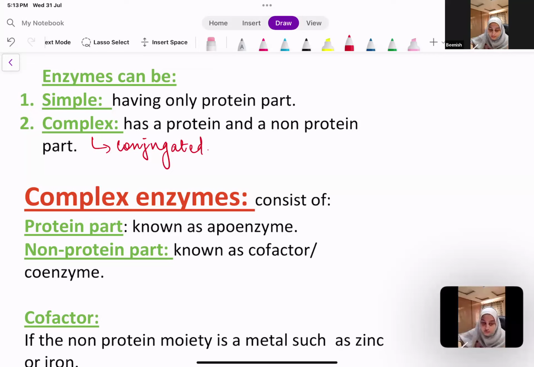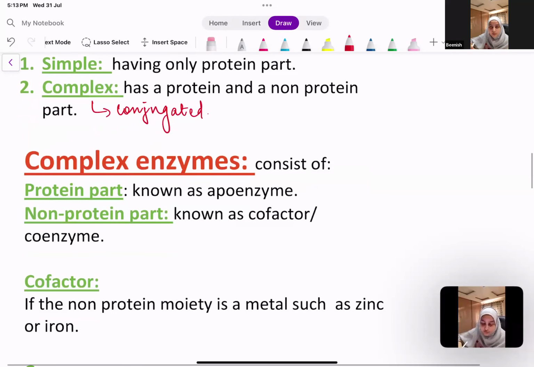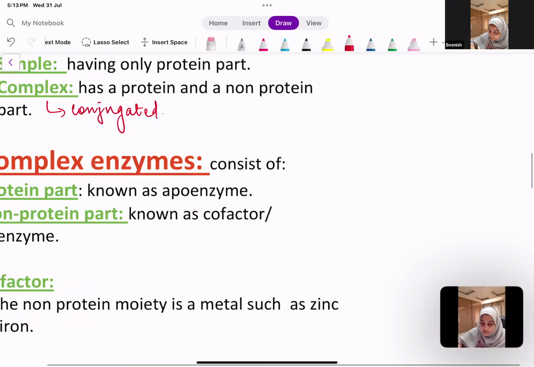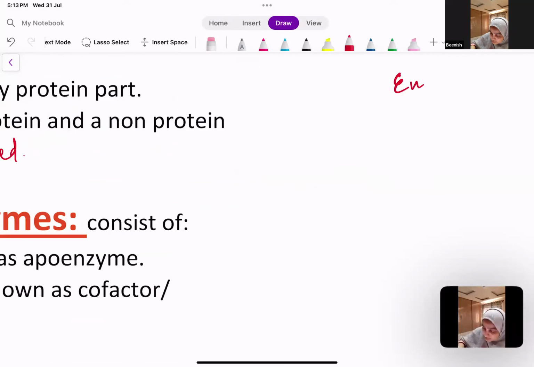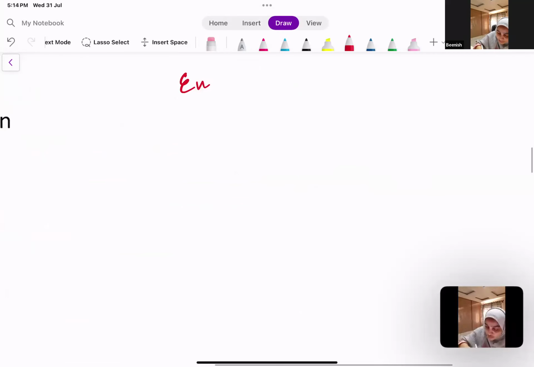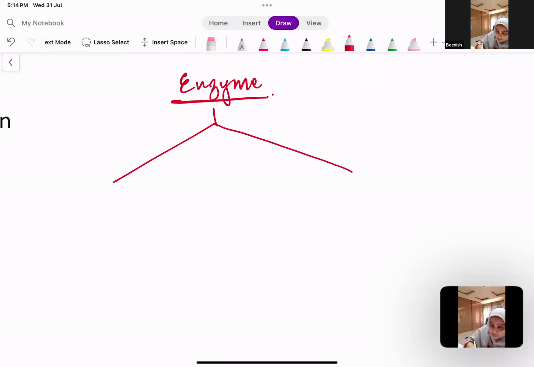So let's talk about complex enzymes. Like I said, a complex enzyme has a protein part, which is known as the apoenzyme, and a non-protein part, which is known as a cofactor or coenzyme. If I put this in tabular form, this is your enzyme, and enzymes basically have two types.